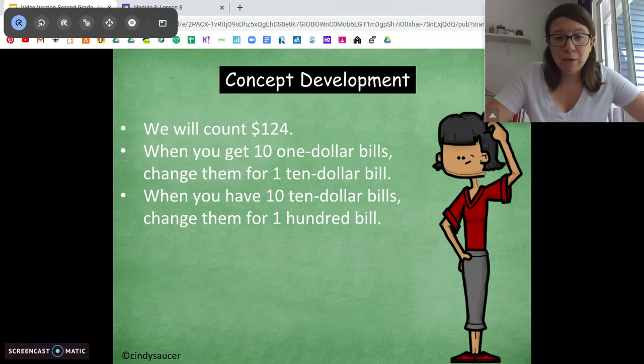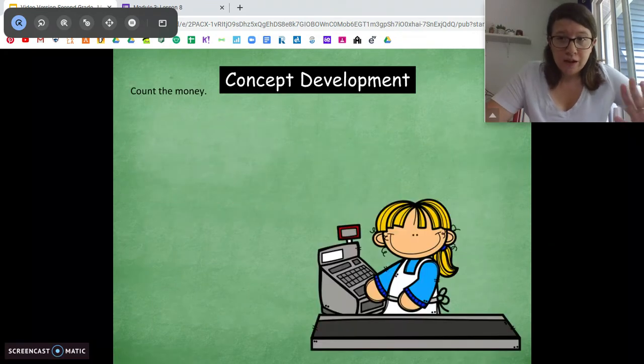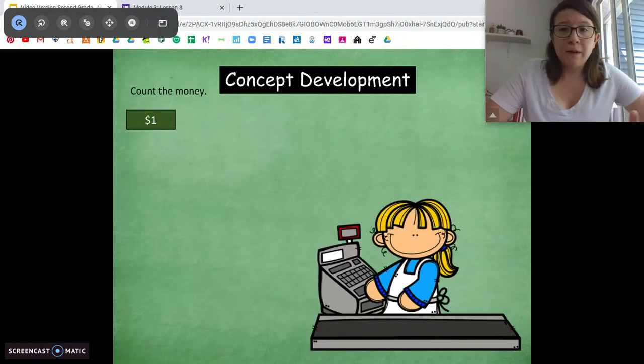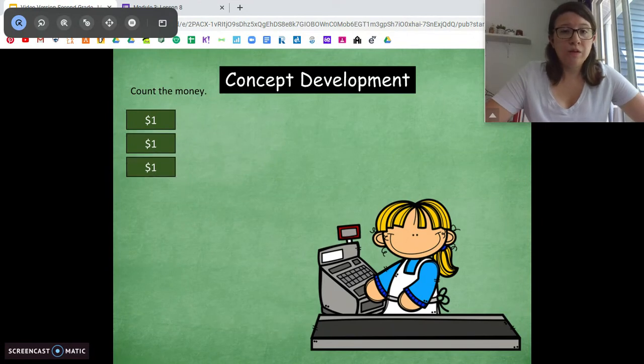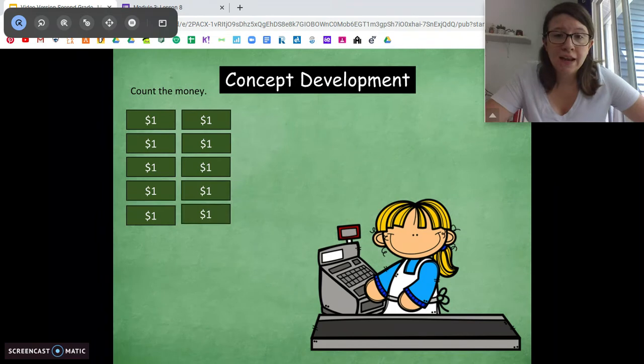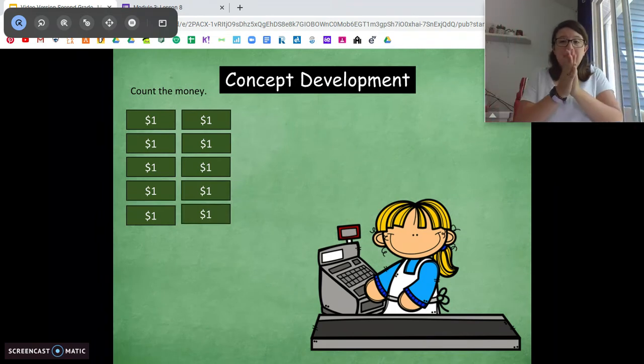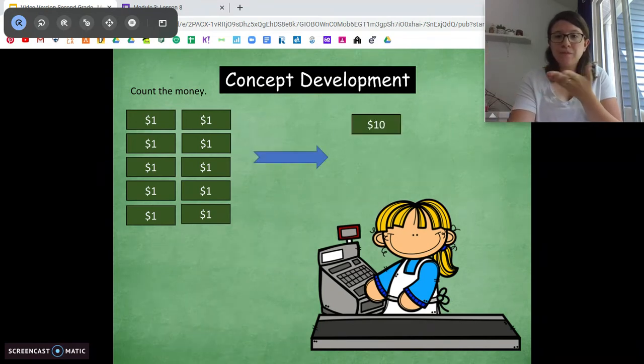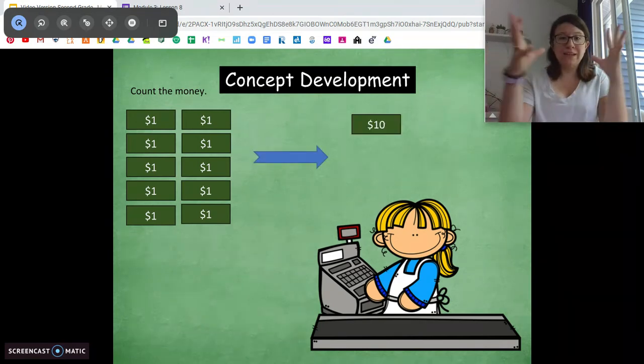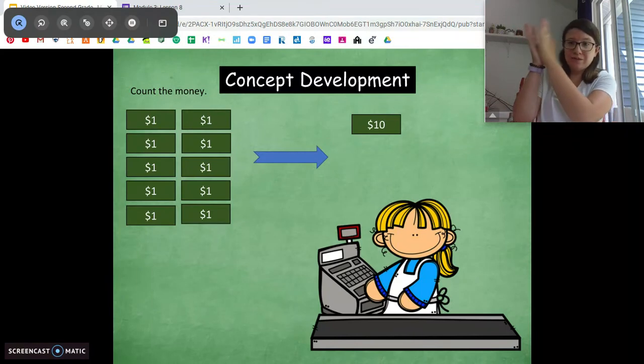So we're going to start counting by ones. So here we go. Counting $1 bills. 1, 2, 3, 4, 5, 6, 7, 8, 9, $10. When we have 10 $1 bills, what can we exchange that for? One $10 bill. So we can take 10 ones, turn it into $10.